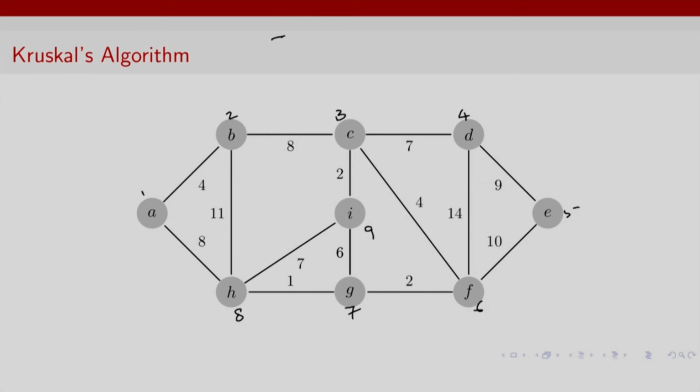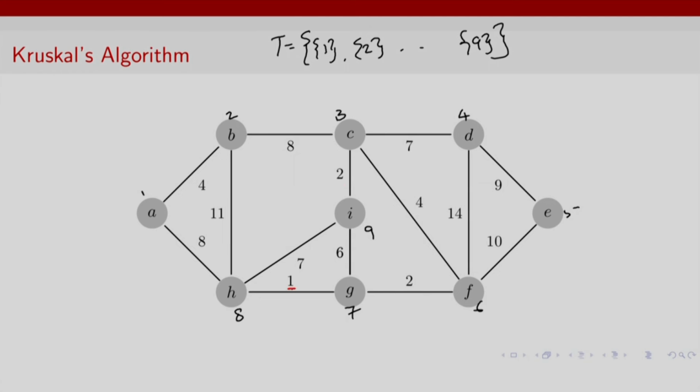So your T will basically consist of 1, 2 and so on until 9. We are also going to sort the edges in increasing order of weights.